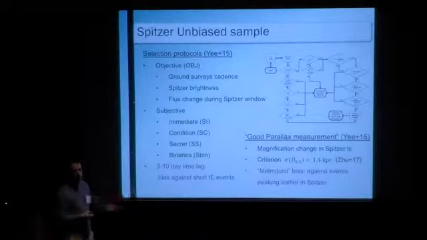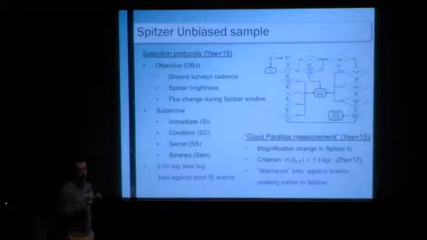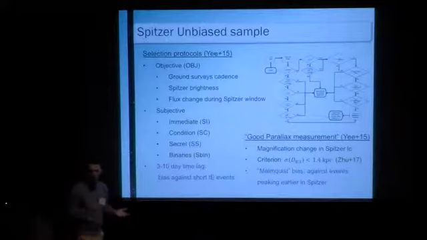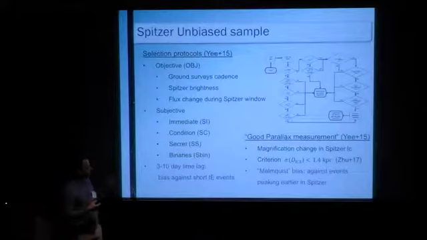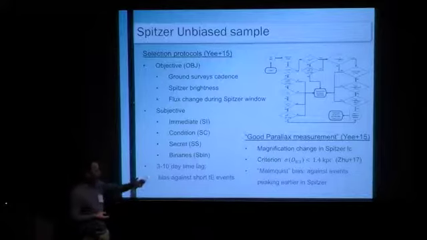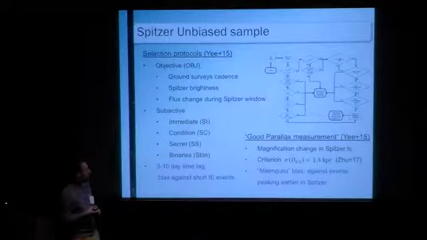First, because this is a follow-up mission, between the time we select an event and the first observation, we have a time lag of 3 to 10 days, so we are biased against short timescale events. The second thing is that to be included in our sample, we need what we call a good parallax measurement, which later in Wei Zhu's paper in 2017 we defined in more quantitative criteria.